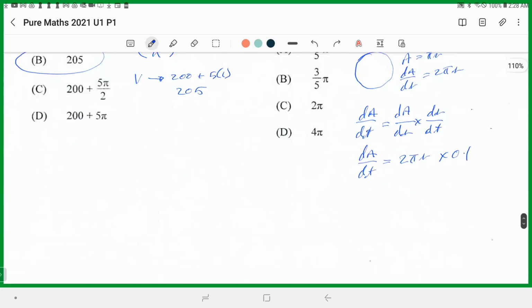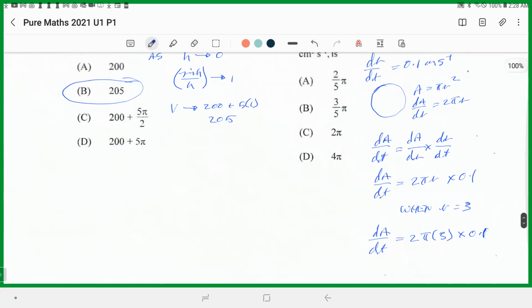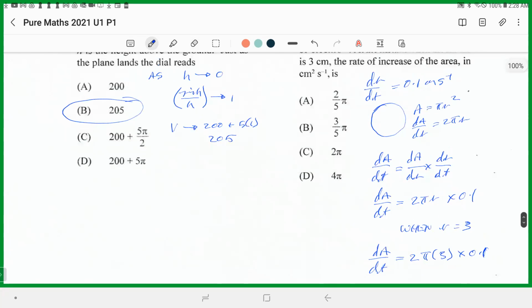So when r equals 3, the dA by dt will be 2 pi times 3 times 0.1. 0.1 is the dr by dt.